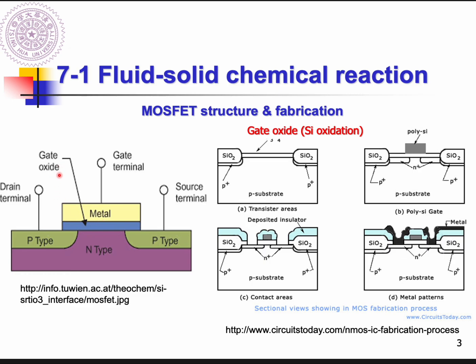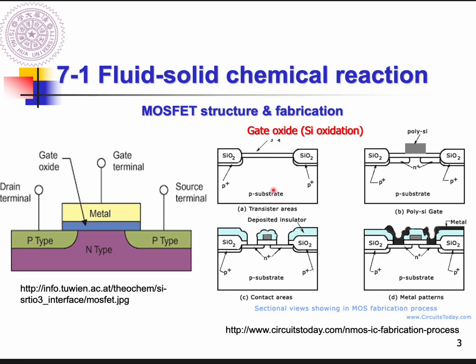The gate oxide, or native oxide, is very important in a MOSFET because it serves as an insulator to separate the gate from the source and drain, right? Here we highlight the detailed process of how we build the MOSFET device. The first step is to form the gate oxide, so it is quite important.